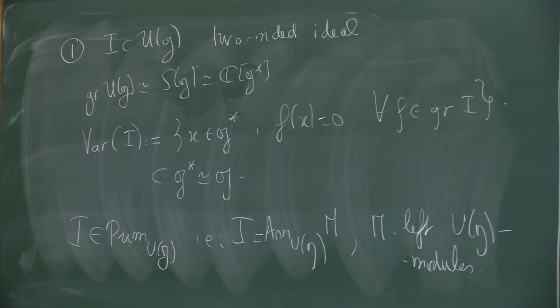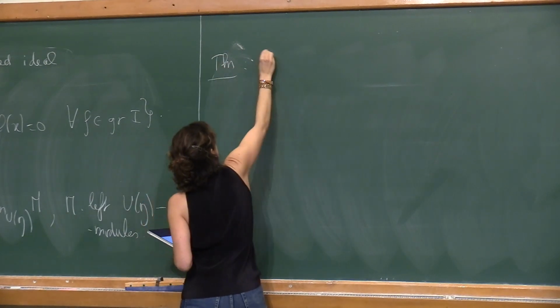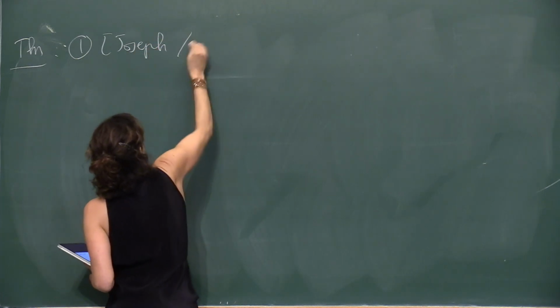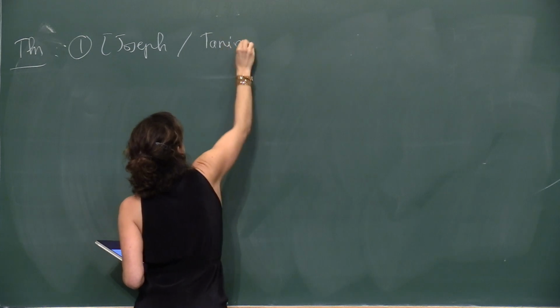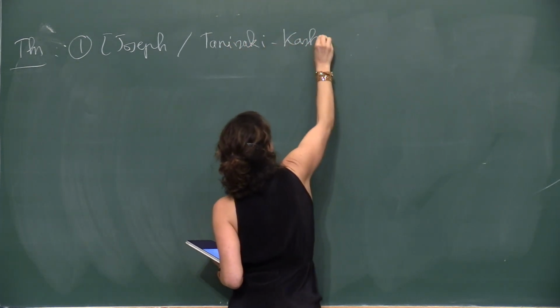So I don't state them in chronological order, but the first statement, the first part due to Joseph, and independently by Tanisaki, sorry for the order, and Kashiwara, says that the corresponding, so I is primitive here.